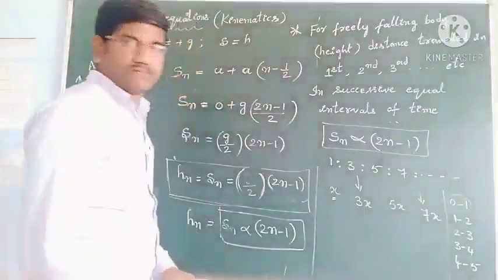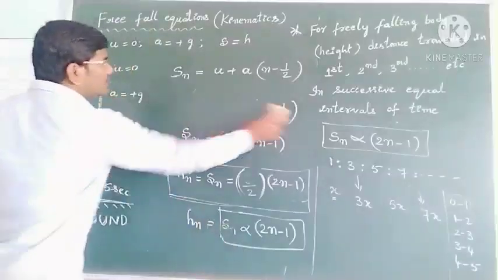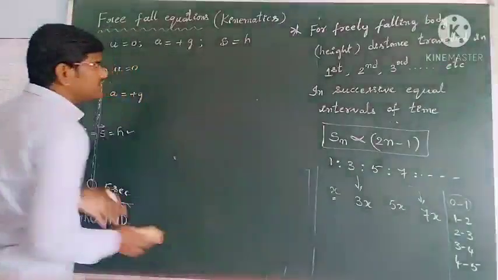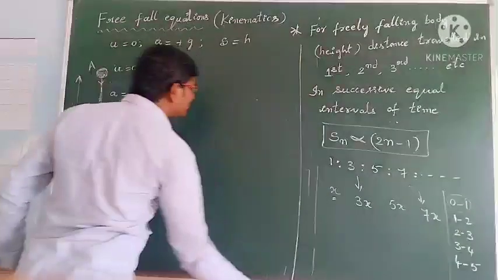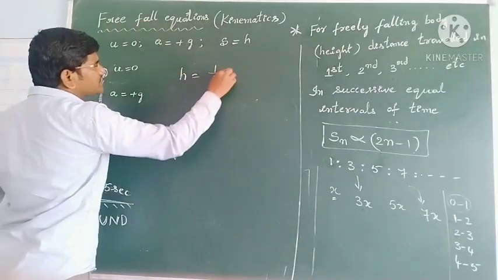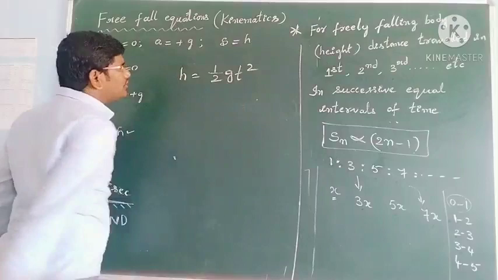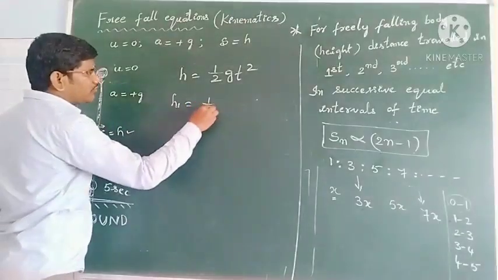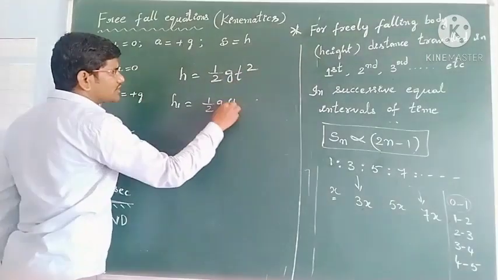Okay students, and similarly, see students, we know the second equation, that is h is equal to half g t square, you know the formula. So height fallen in the first second, if I ask you, what do you write? 1 by 2 g into 1 square.